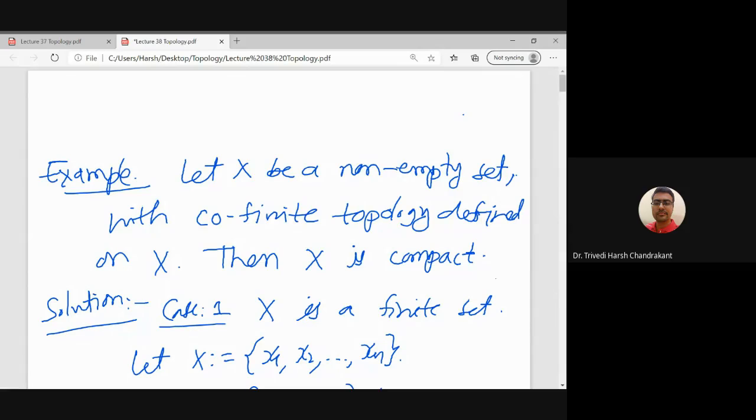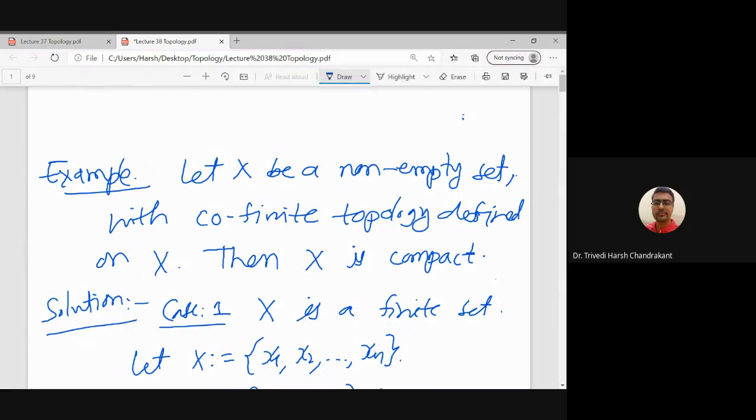To prove that result, we need a special lemma known as the tube lemma, which we want to prove today. But before that, I want to discuss one example regarding compact spaces. So let us start with that example.